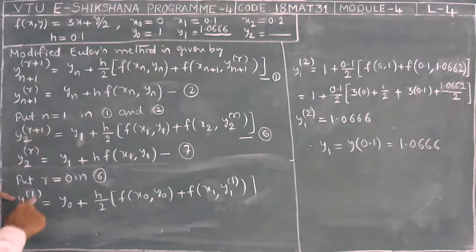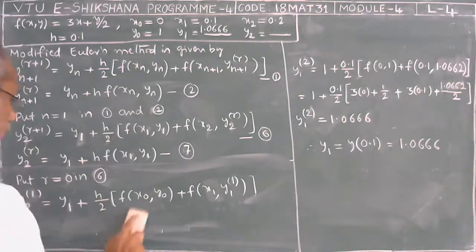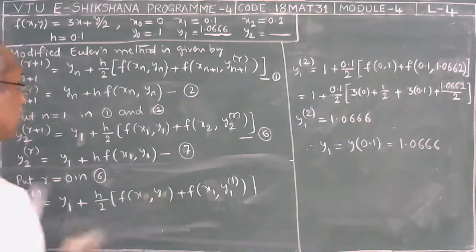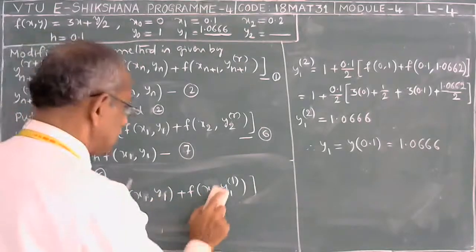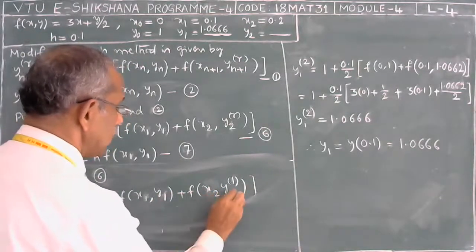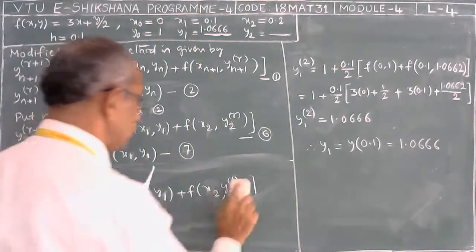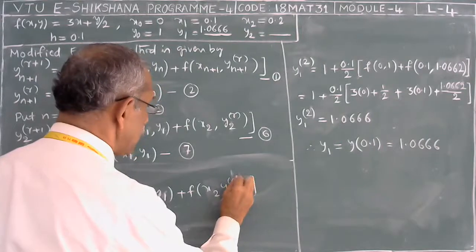So y2 1 in terms of y1 plus h by 2 f of x1 comma y1 plus f of x2 comma y2 0, because r is 0.